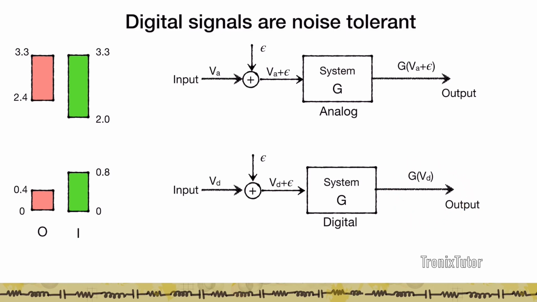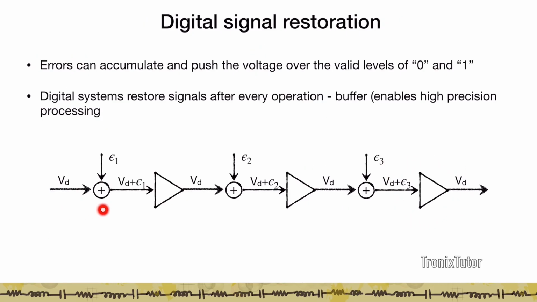So if I'm thinking about a bunch of systems which are cascaded one after the other, suppose I look at the first system, suppose an error is induced at the input of the first system. Because of this rejection of noise present in this digital gate, my output is basically unaffected. So at the output, I have no information if there was error present or not.